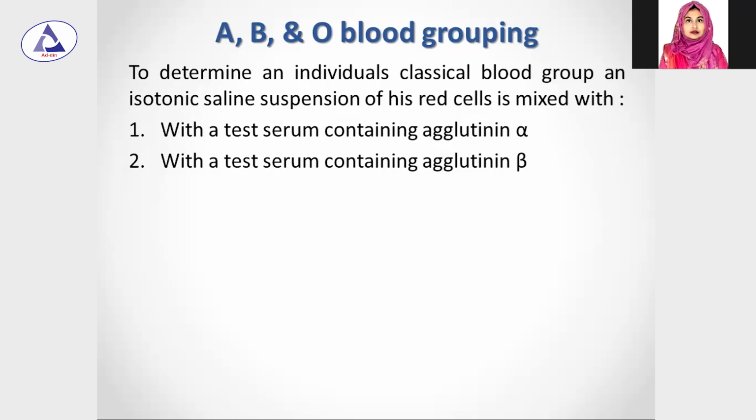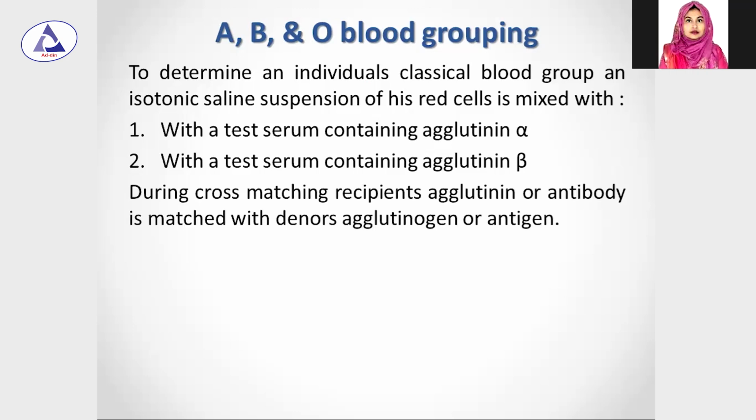Test serum: we will mix this blood with different test serum, one containing agglutinin A and another containing agglutinin B. What result will occur? If we have agglutinogen or antigen A in the blood sample, then it will clump with the corresponding agglutinin.